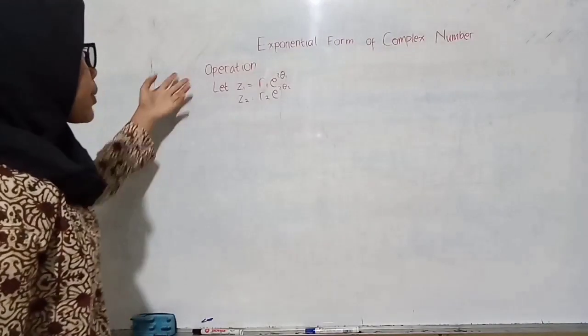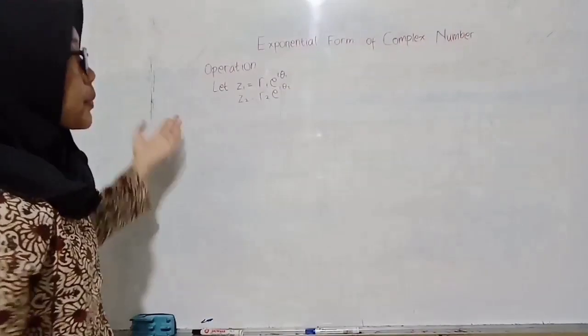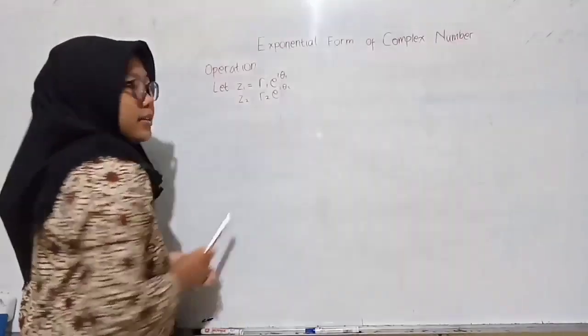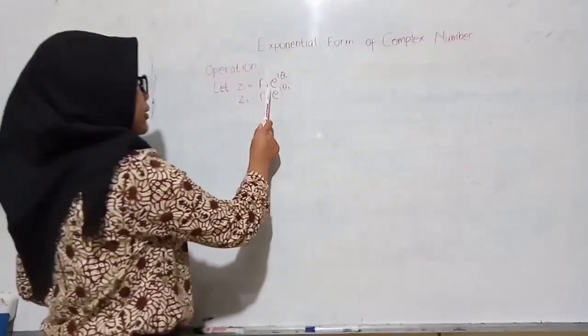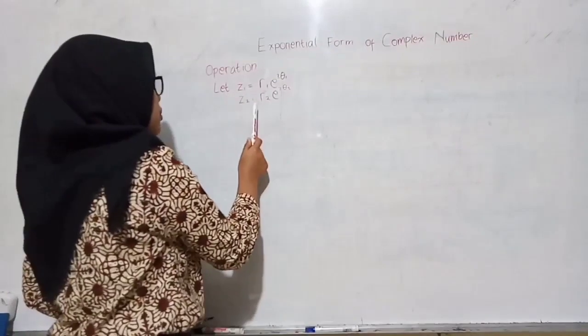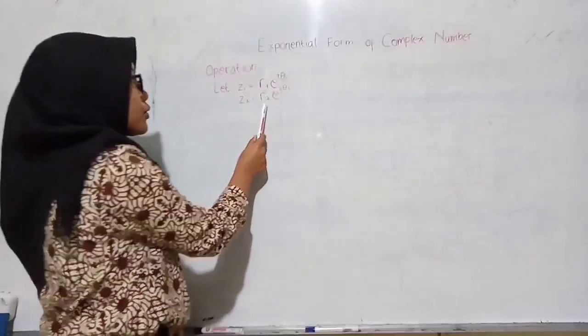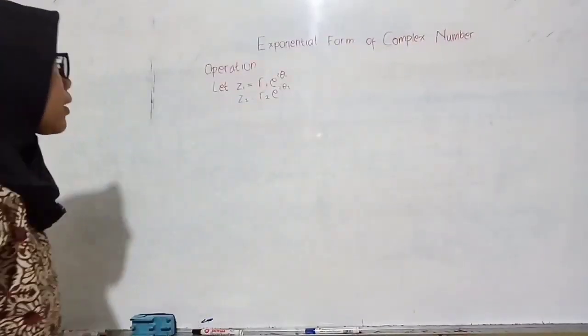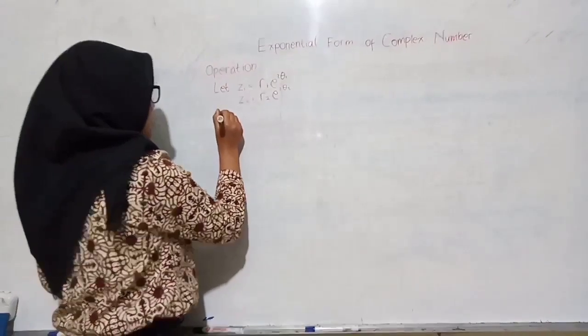There are 3 algebraic operations in exponential form. So let Z1 equal R1 e power i theta 1, and Z2 equal R2 e power i theta 2. The first operation is multiplication.